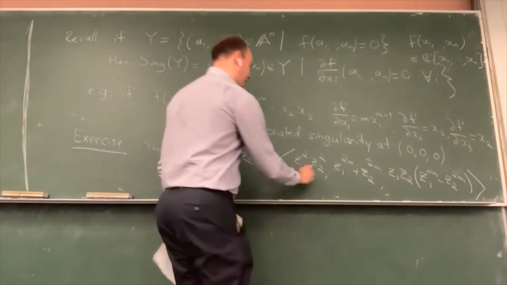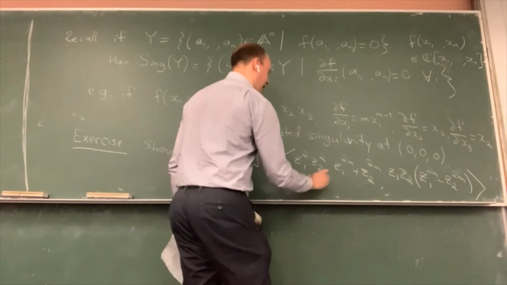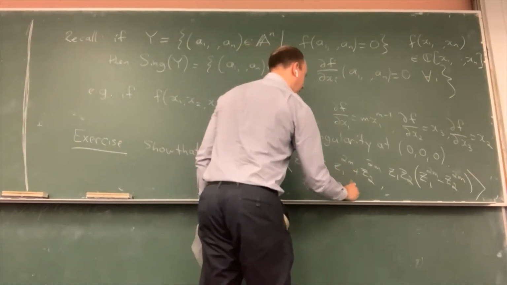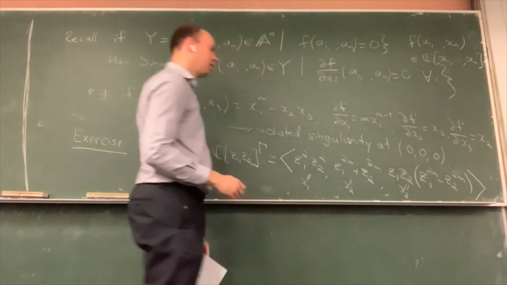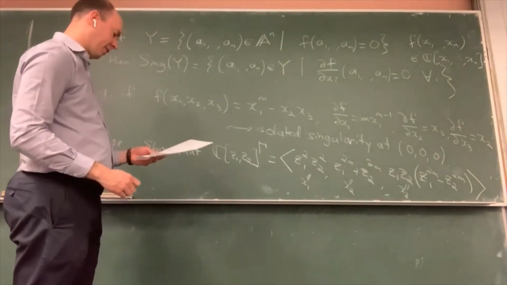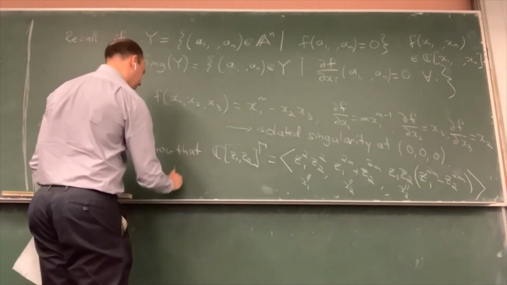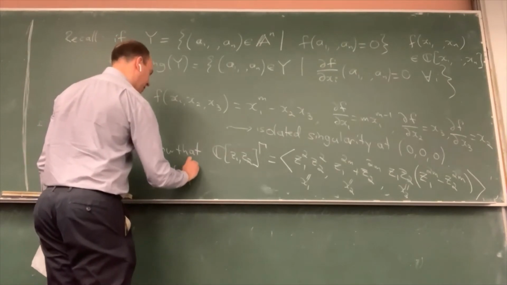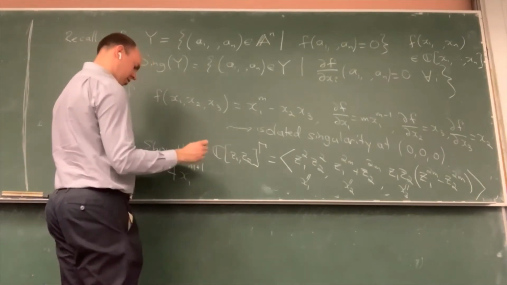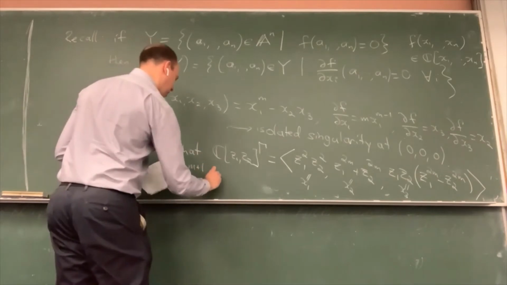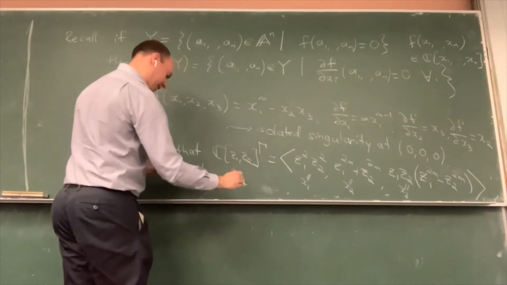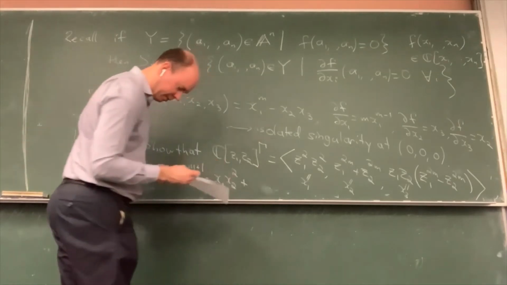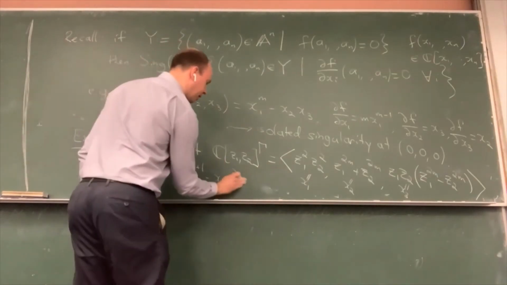And if you call these x1, x2, and x3, then they satisfy the relation x1 to the m plus 1 equals x1 times x2 squared minus x3 squared.